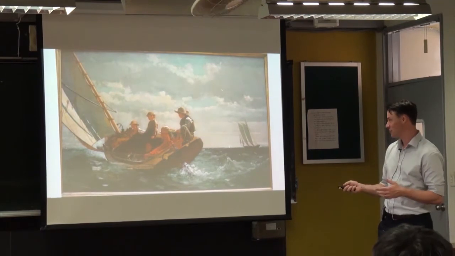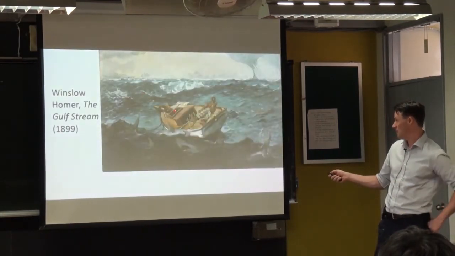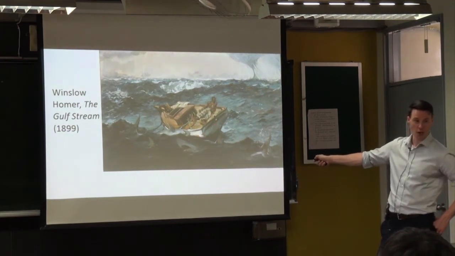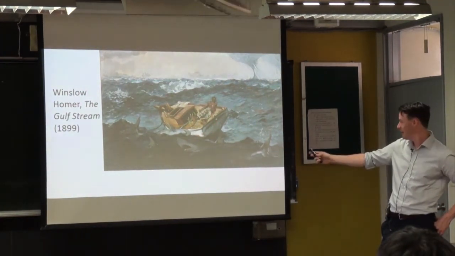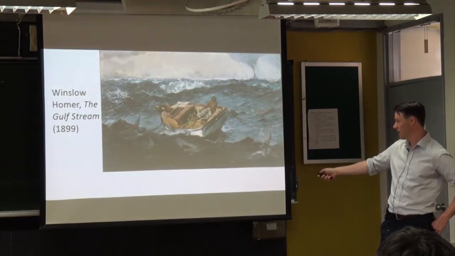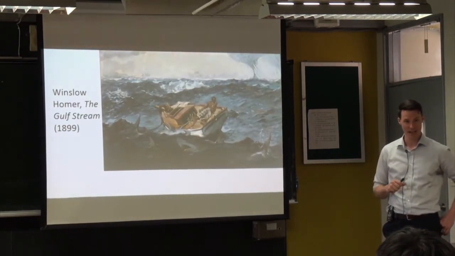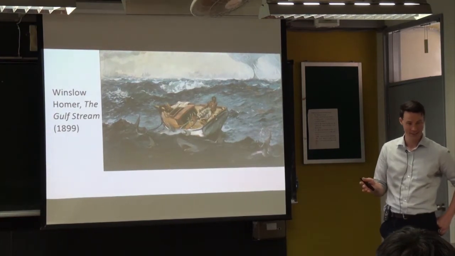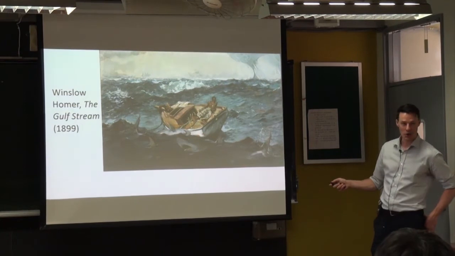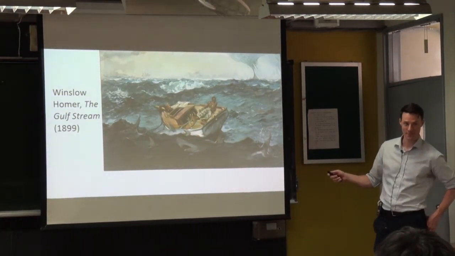You have no control. So the mast is broken. There's no rudder, right? See the rudder? No rudder. In other words, this man cannot steer, okay? He's also surrounded by all these hungry sharks who want to eat him, okay?